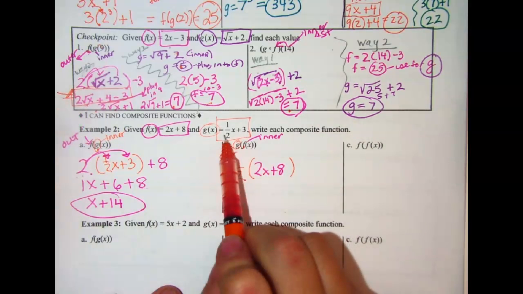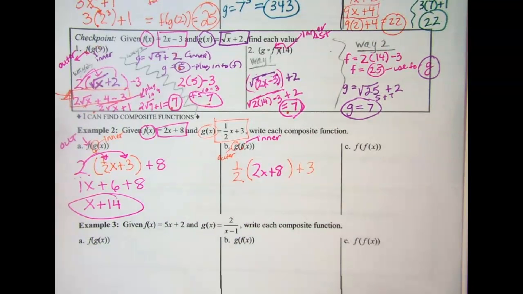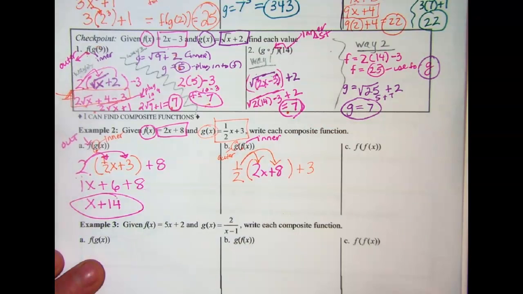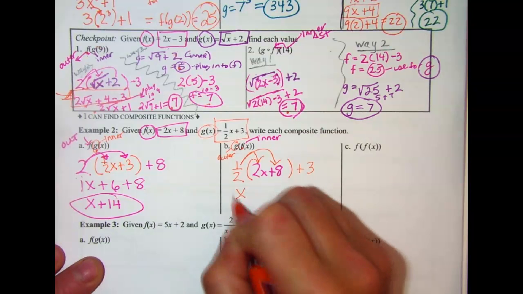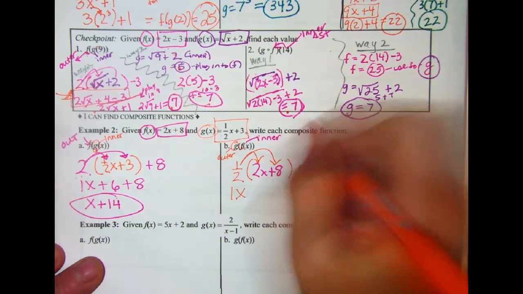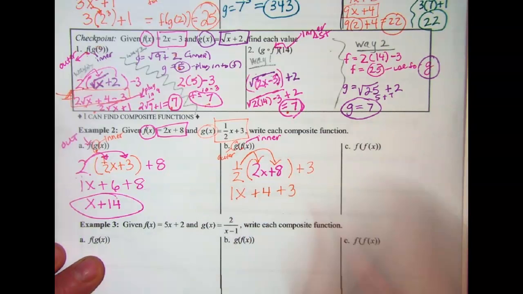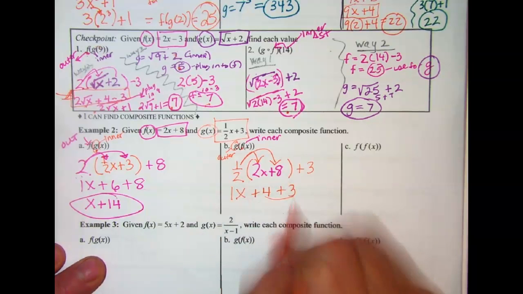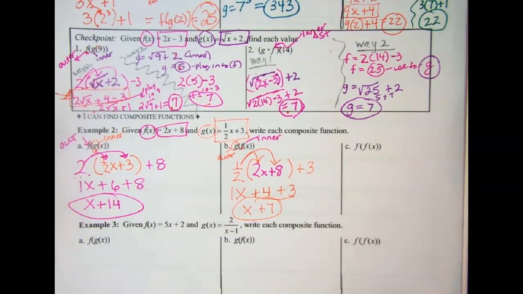And then finish the rest of g, which is plus 3. So again, distributive property, multiply, so 1/2 times 2 becomes just x, or 1x, and then plus 4, since 1/2 times 8 is 4, and then plus 3. When we simplify this, those can go together: x plus 7.